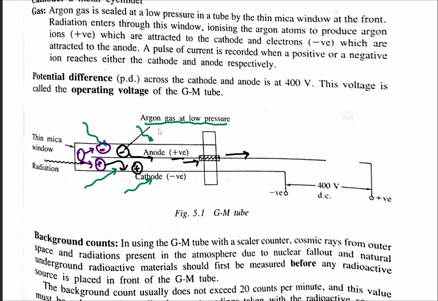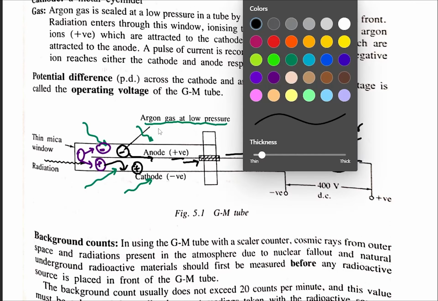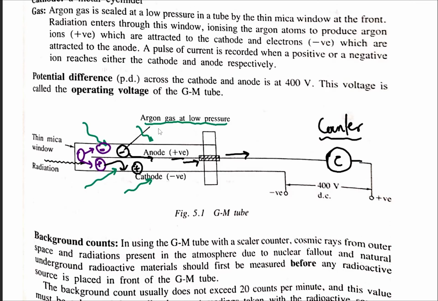We want all the current that we can get from the experiment to properly see it. So this is C, our counter. What the counter is detecting is the number of electrons, or a few electrons, passing through it.